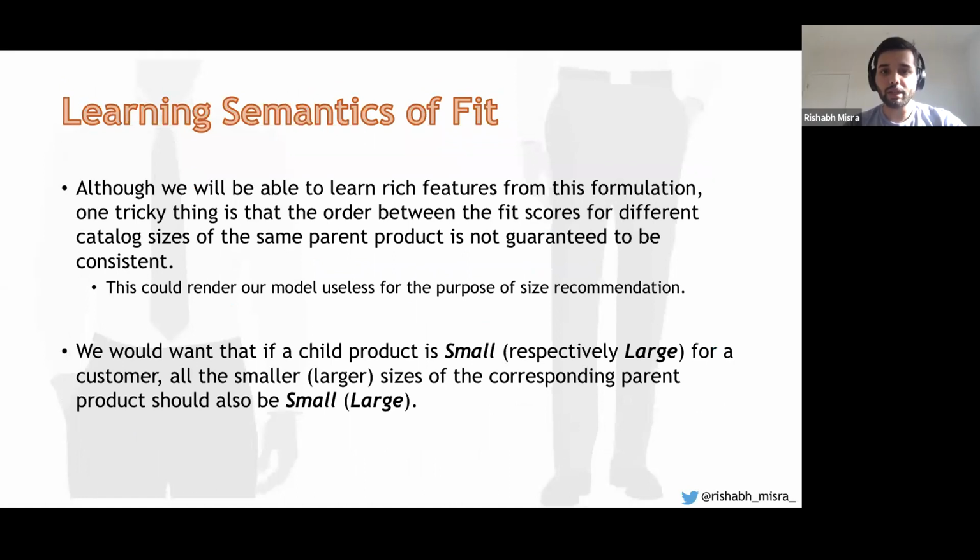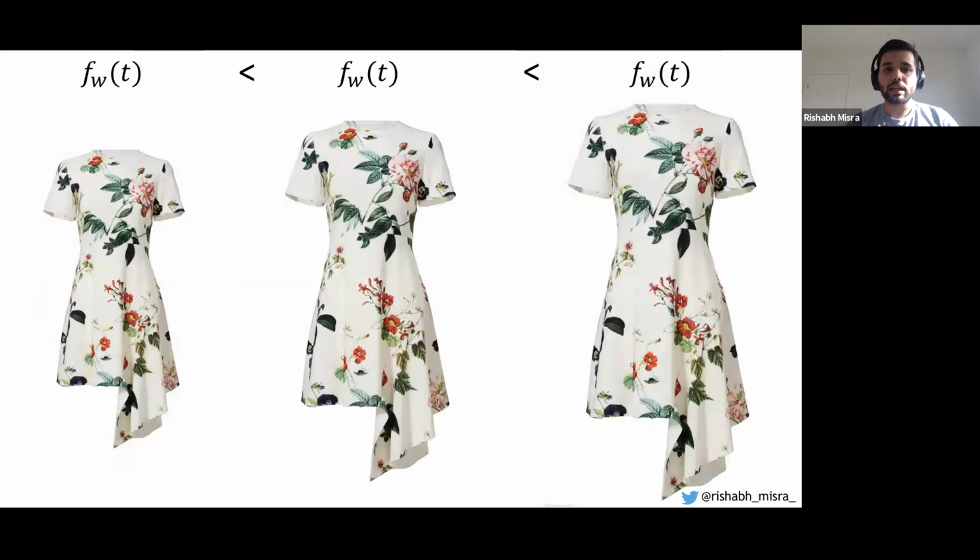Yeah. So here one challenge that was also not addressed in the base paper was that, let's say we have three child products. Let's say this is small, medium, and large. So let's say we are predicting that this particular product would be small for a particular customer, and that prediction is true.